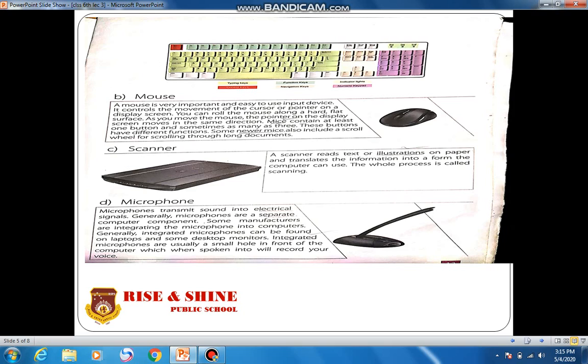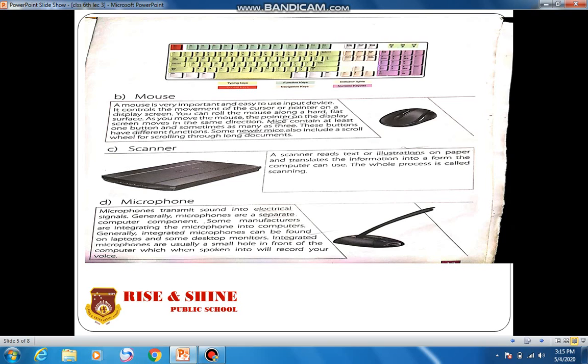At the corner of the keyboard you can see the three indicator lights, and the purple keys are the numeric key pair. This is the simplest labeling which is included in your syllabus, so learn it in a very fine way.